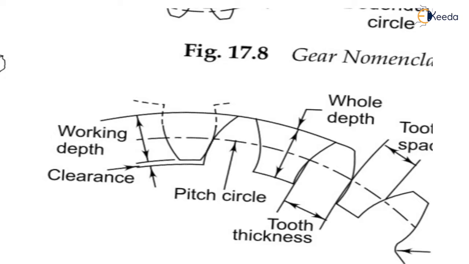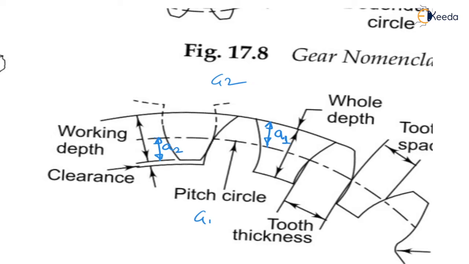From this pitch circle, the upper portion, this much distance, is the addendum of the first gear. And from the pitch circle the bottom portion is the addendum of the other gear, let us say gear 2. This is the addendum of gear 2 and this is the addendum of gear 1, right?